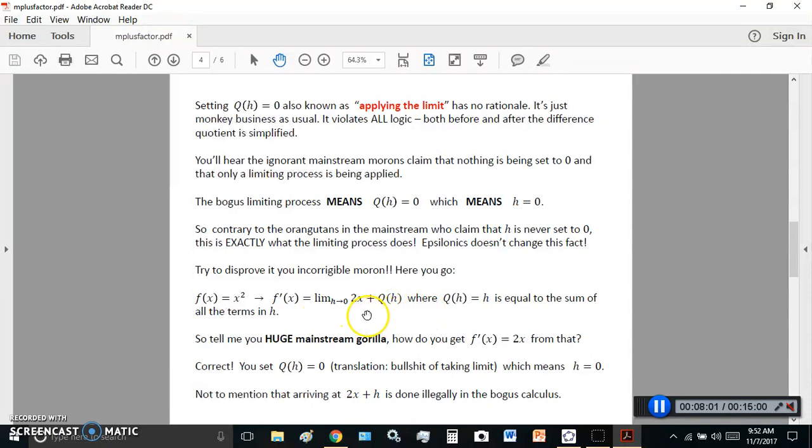What you get is 2x plus q of h. Now, tell me, you huge mainstream gorilla, how do you get f dash of x is equal to 2x? From this, how do you get it? Hello, you set q of h equal to 0. In other words, you apply the limit, you idiot. Not to mention that arriving at 2x plus h is done illegally in the bogus calculus.